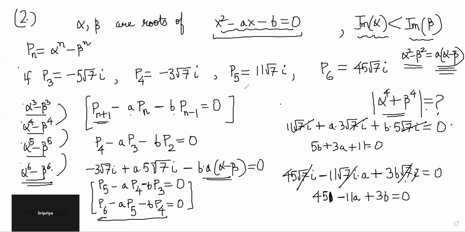So 11A minus 3B is equal to 45. And here I have got 3A plus 5B is equal to minus 11.